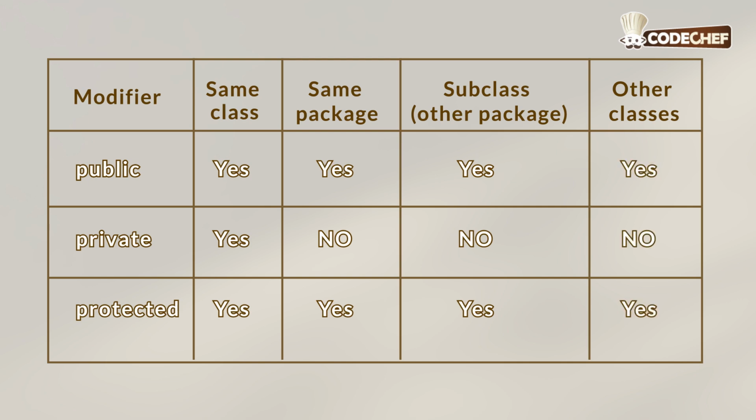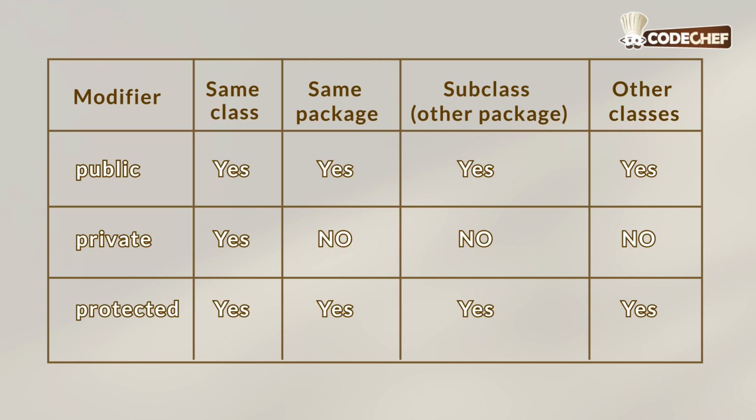And other classes? The public access modifier allows other classes, while private and protected don't. So to simply put it, protected members work like public inside the same package and like private outside the package. They can also be accessed through inheritance. But now we'll focus on access within the same package.